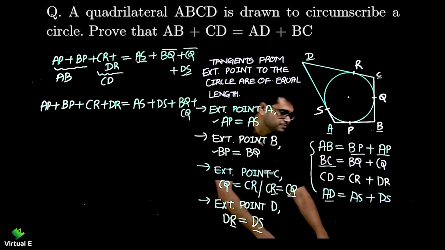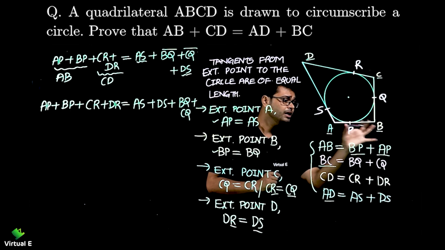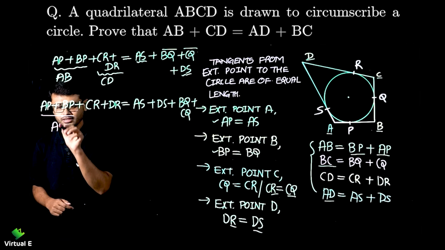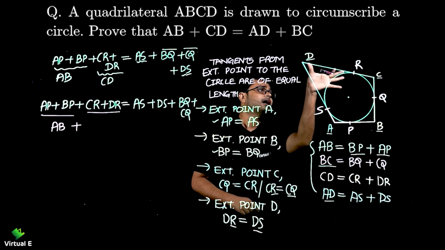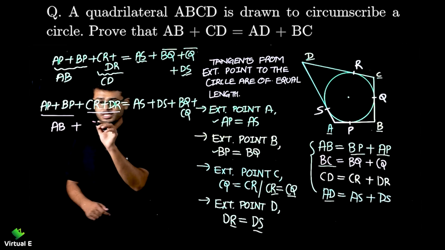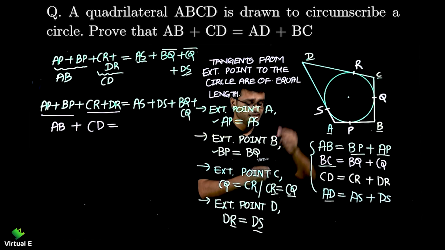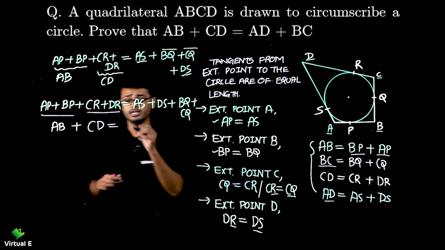Now let's replace them. AP and BP will be your AB. Then CR and DR, that is CD. Then AS and DS will give you AD, right?